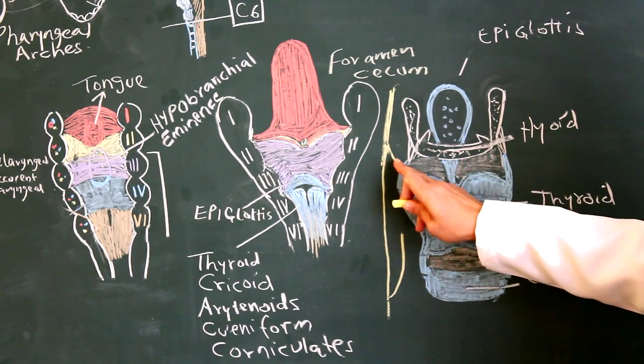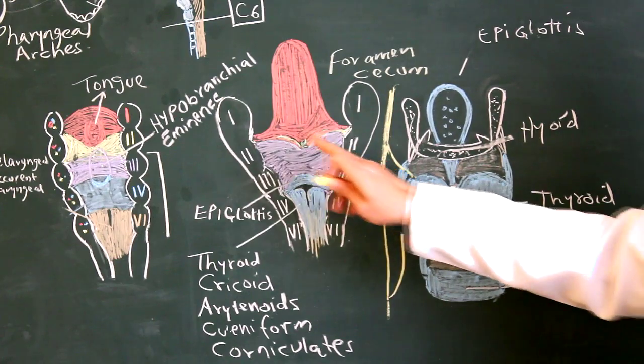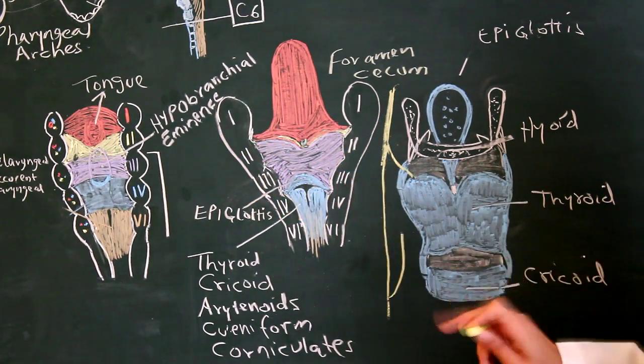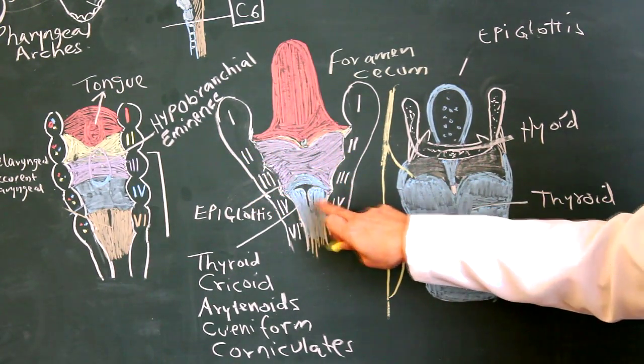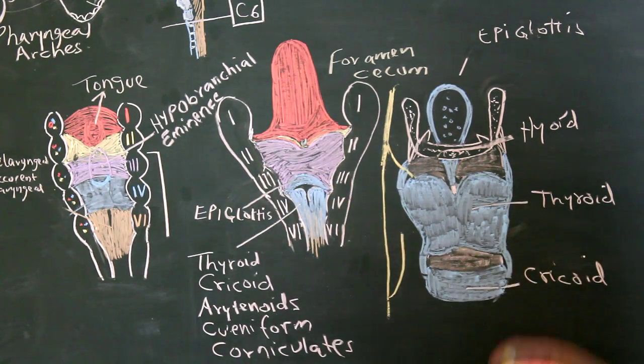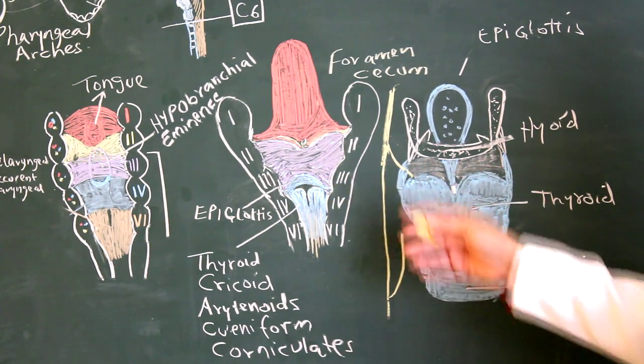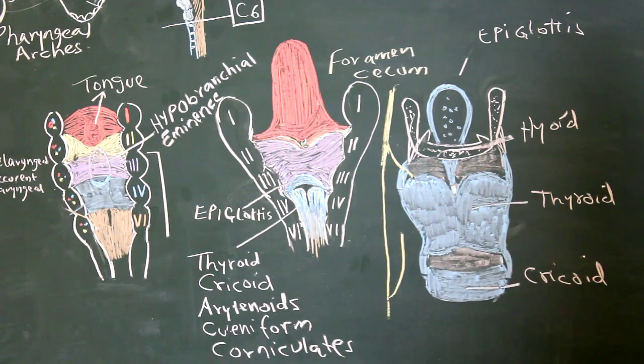So we have a superior laryngeal branch of the vagus nerve, which is the nerve of the 4th arch. The arch, which is blue colored, gives rise to the cartilage components of the larynx and also the pharyngeal constrictor muscle.